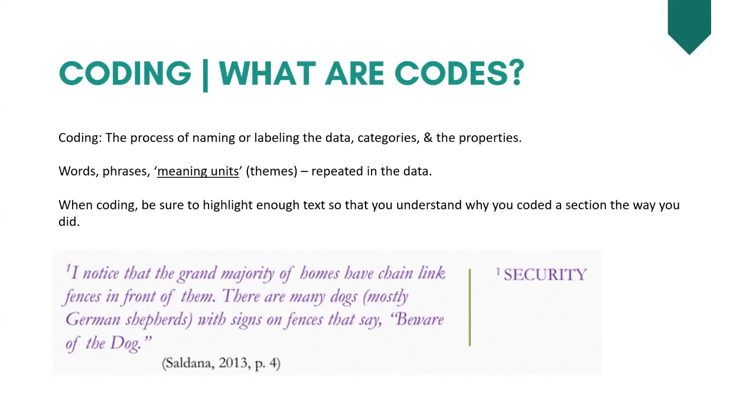Now, when we're coding, we've got a transcript and there's an example there. When we're coding our transcript, we need to make sure that we highlight enough text so that we understand why we coded the section in the way that we did. The importance here is, look, you're not trying to get two or three words out, because it's the words that happen before it.